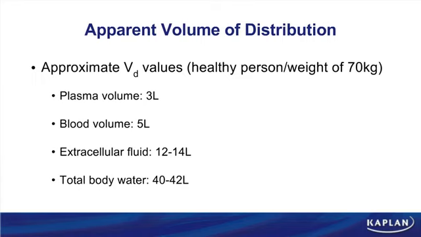On the other hand, if I have values like hundreds of liters or thousands of liters, and there are drugs like that, drugs that have volumes of distribution of 500 liters, 2,000 liters, obviously that's not a physiologic value, and obviously those numbers would be high volumes of distribution.